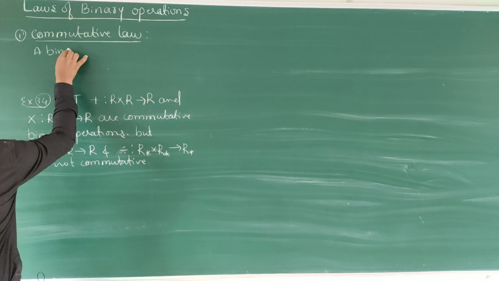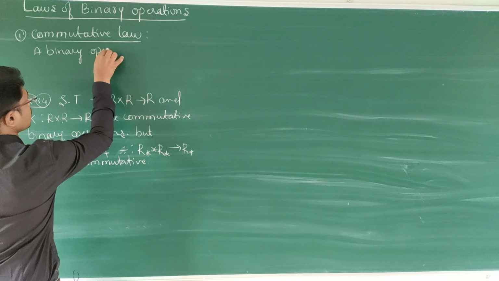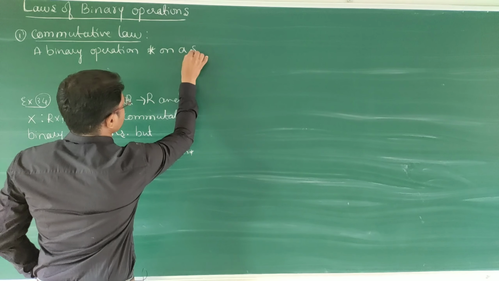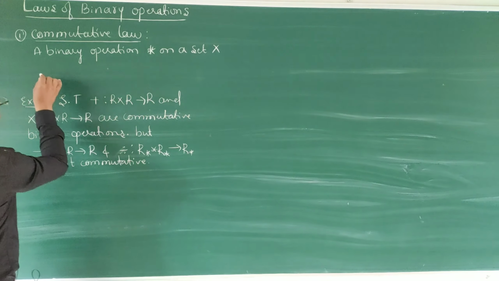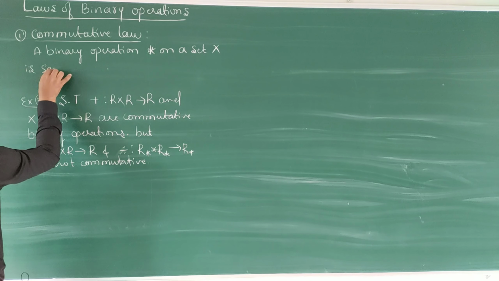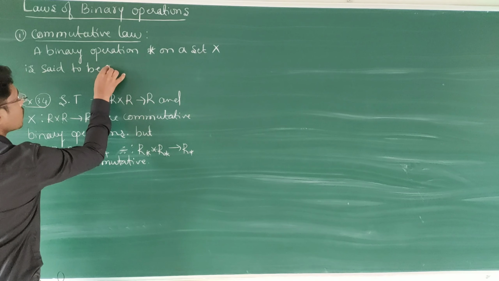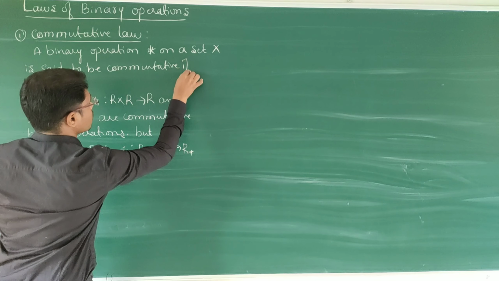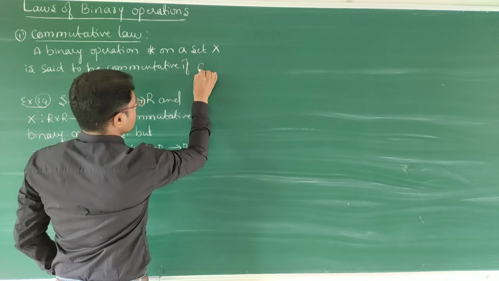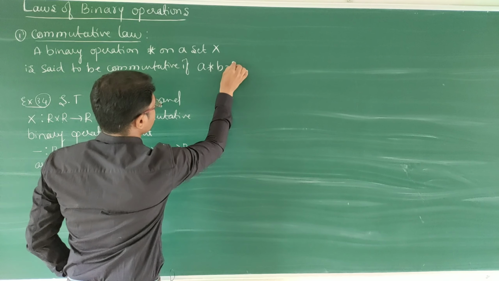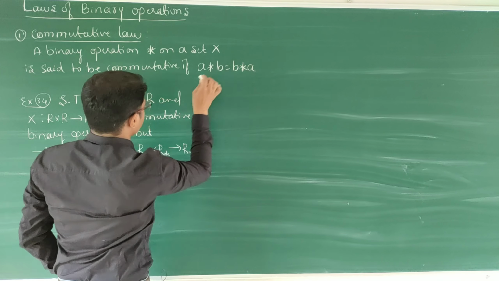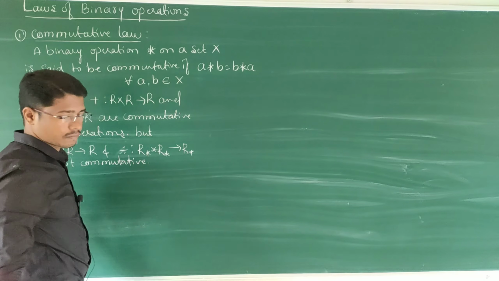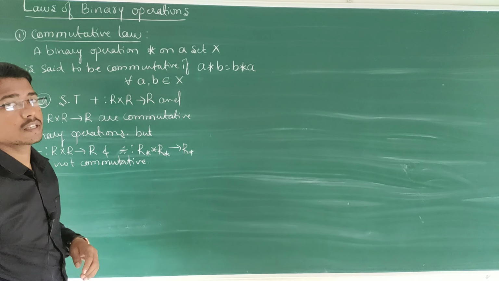A binary operation star on a set X is said to be commutative if A star B equals B star A for all A, B belonging to X. So what does the commutative law say?